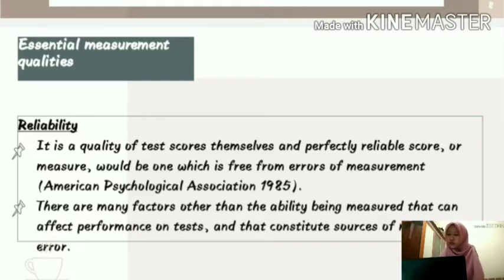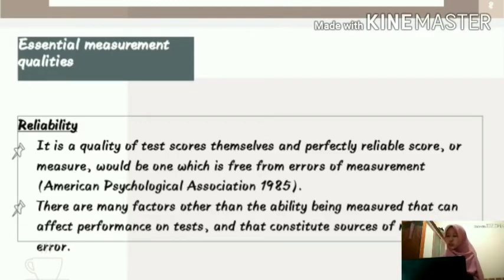For example, individual performance may be affected by differences in testing conditions, and they may not obtain scores that are consistent from one occasion to the next. For example, a student gets a low score today, and a high score yesterday.